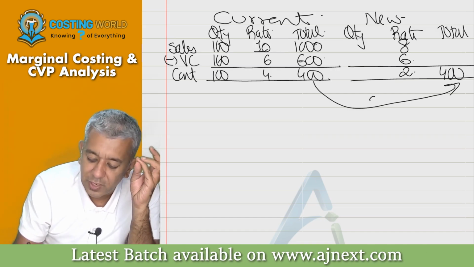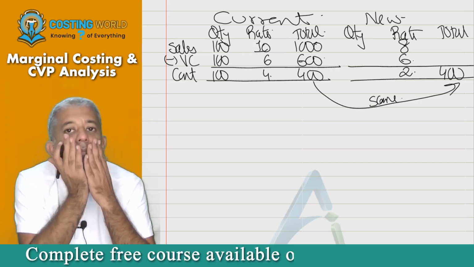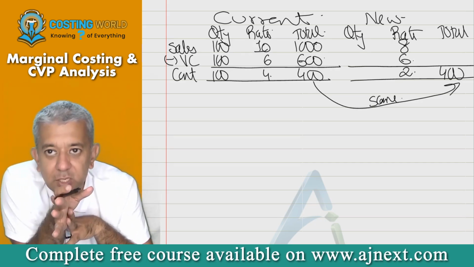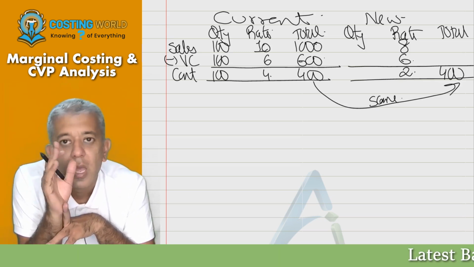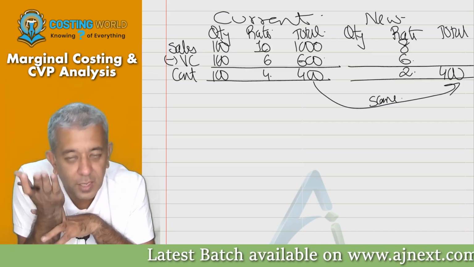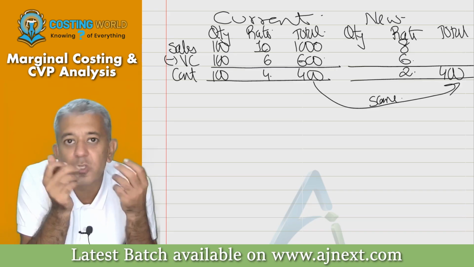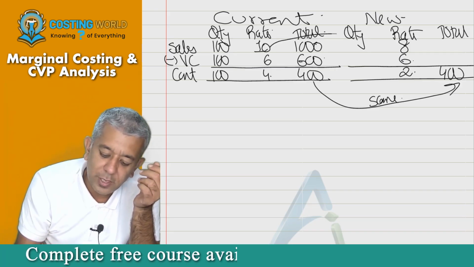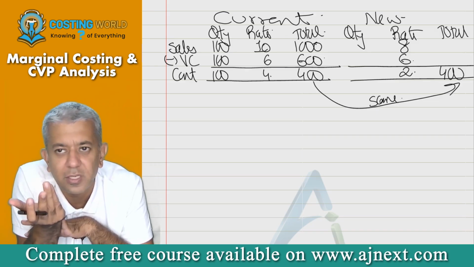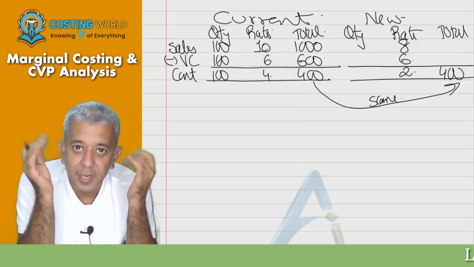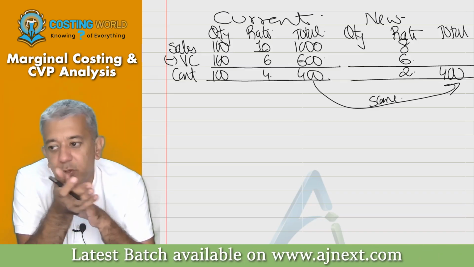This figure will remain the same only. Did you all understand this? Yes, sir. By how much should sales be increased so that the reduction in selling price is compensated. Our intention must be that we want to earn the same contribution that we were earning before.